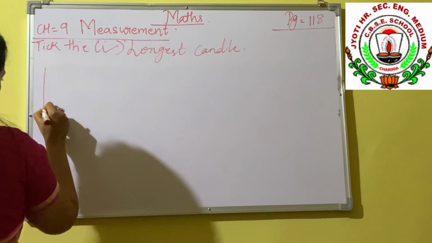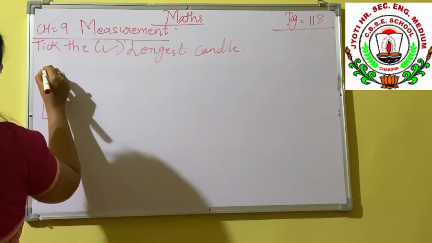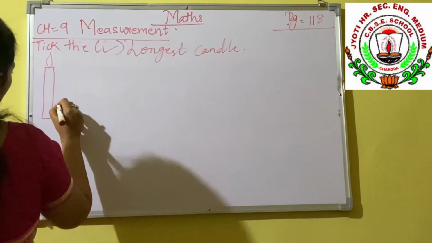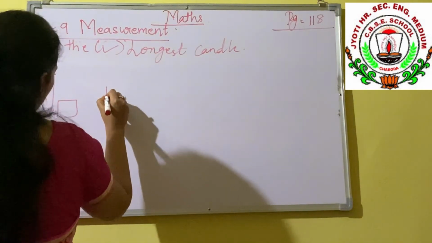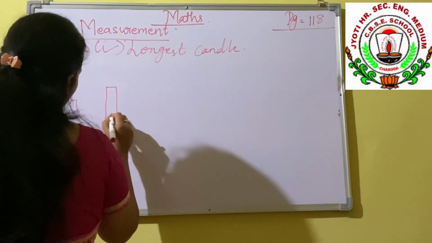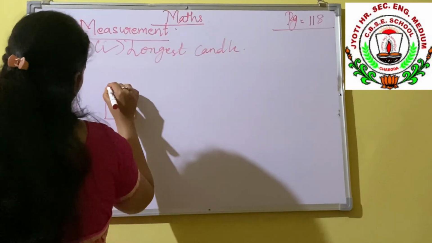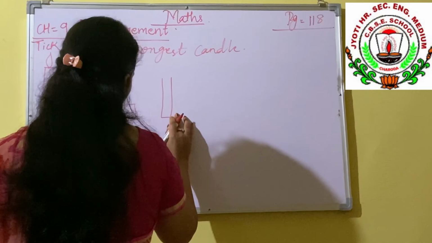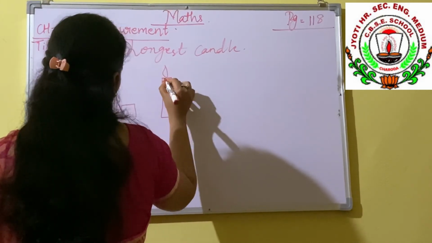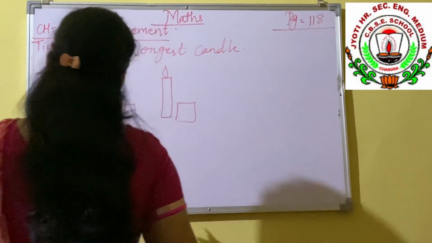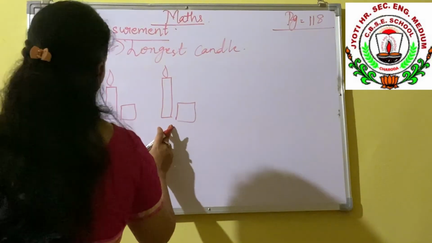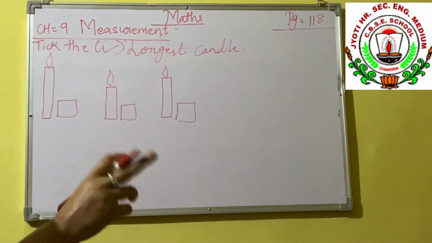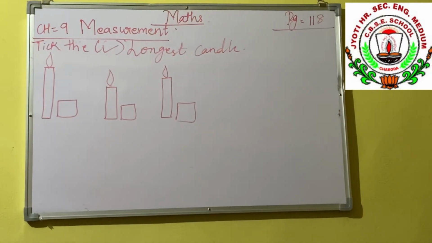One is long, second one is short, and another one is medium in size. In 3 candles, which one is the longest? You have to tell, students. Here the first candle is the longest candle.